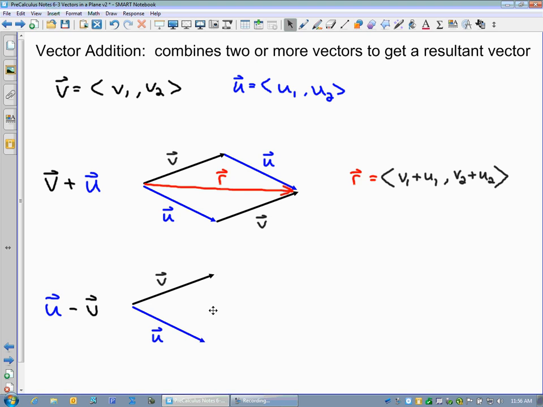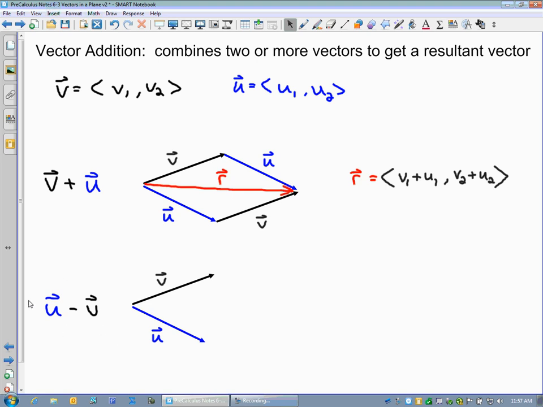So when I draw the vector between these two terminal points, am I going from v to u, or from u to v? That's the question that's often misunderstood by students. If we go back to what we said about the right way to think of a difference in mathematics, a difference is terminal minus initial.